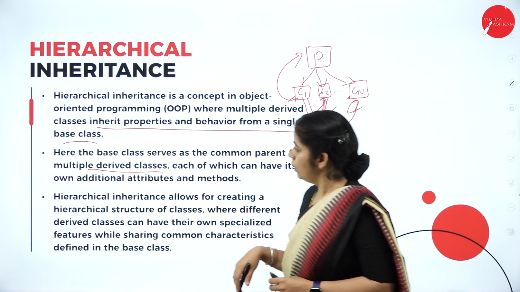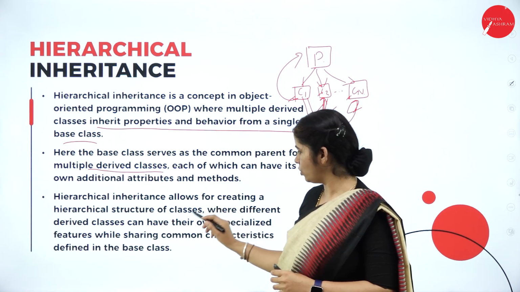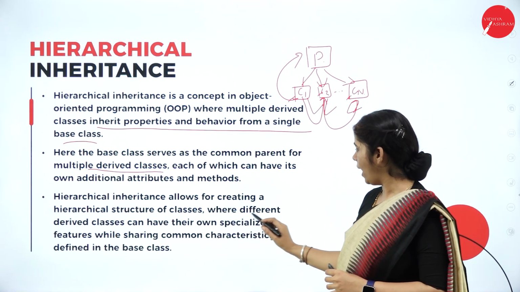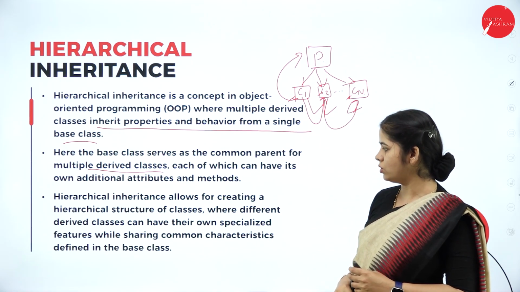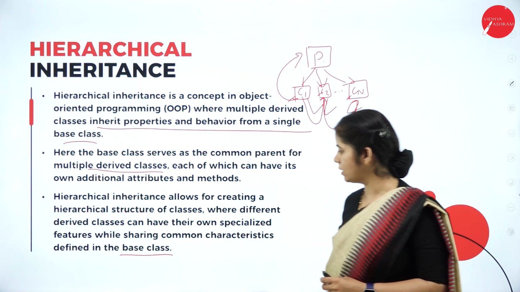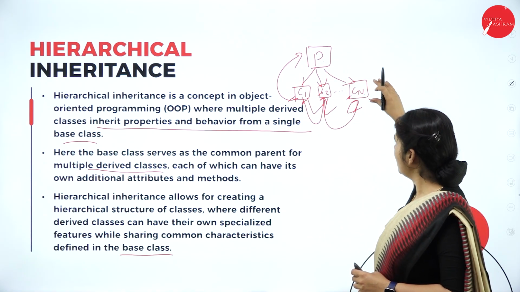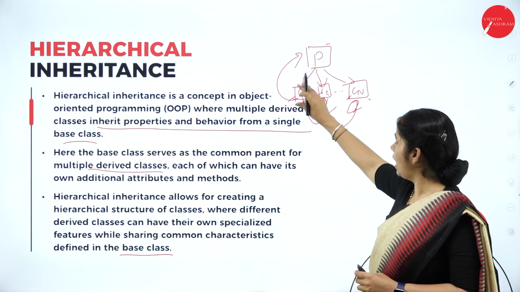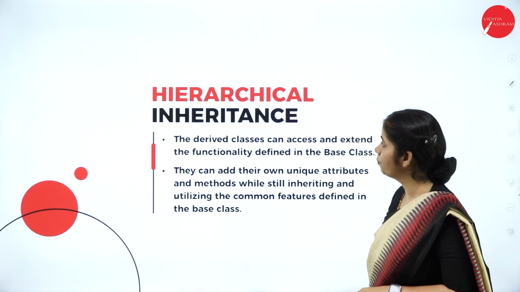Okay. Hierarchical inheritance allows for creating a hierarchical structure of classes, where the different derived classes can have their own specific features while sharing common characteristics defined in a base class. We have common characteristics for all these child classes which are derived from the parent class, though they will be different from each other.